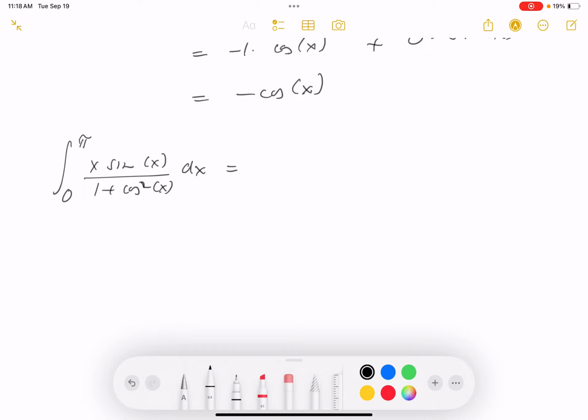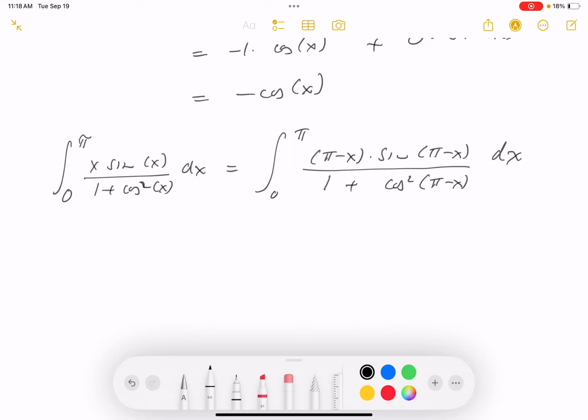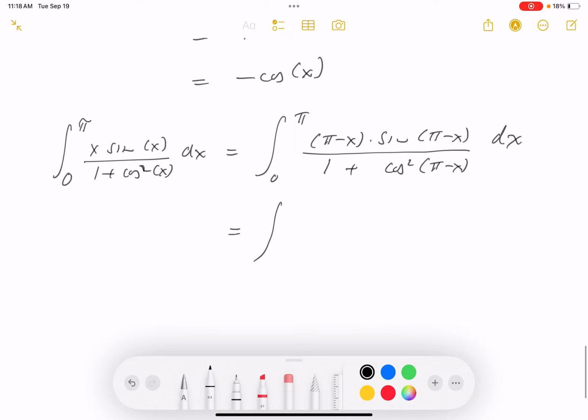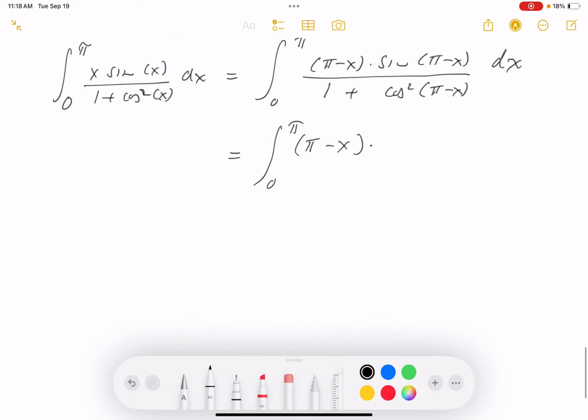Using King's rule, what I find out is 0 to pi of pi minus x times sine of pi minus x, and on the bottom, 1 plus cosine squared of pi minus x dx. Well, we just discovered something. Let me write this down for you. 0 to pi, this would be pi minus x, not much I can do about that. But the sine of pi minus x, we just did it, is just the sine of x.